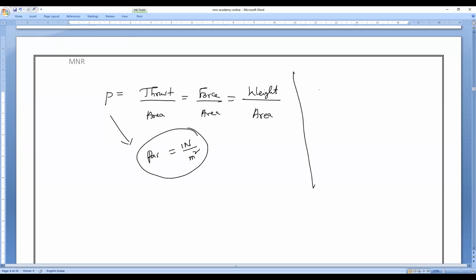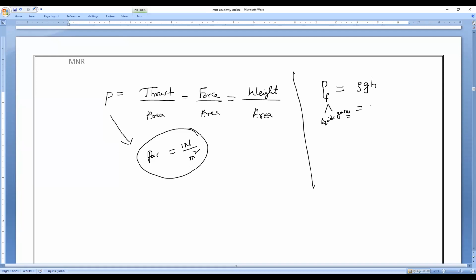In yesterday's class, I taught you pressure exerted by fluids. What are the examples of fluids? Liquids, and another one is gases. The pressure exerted by the liquids, we call it rho g h.